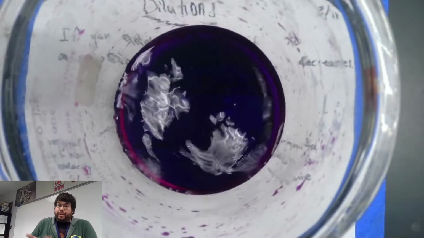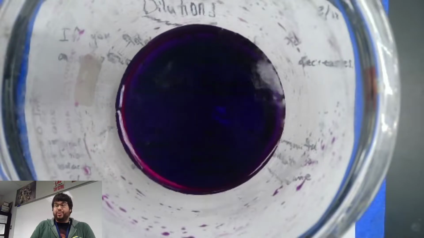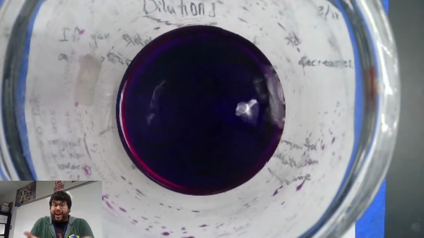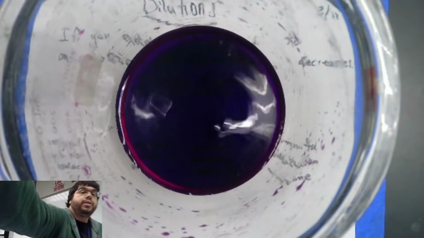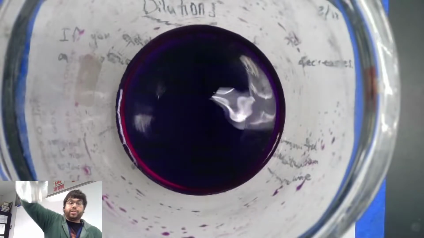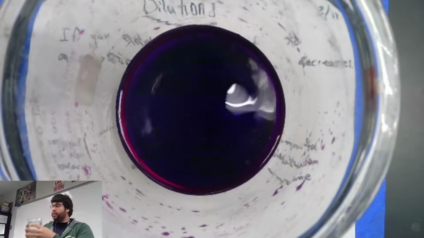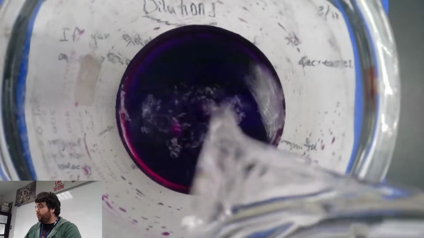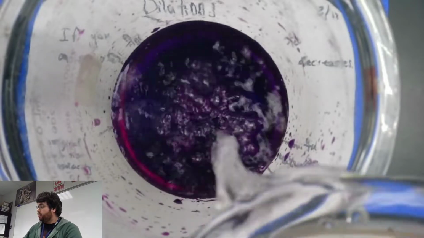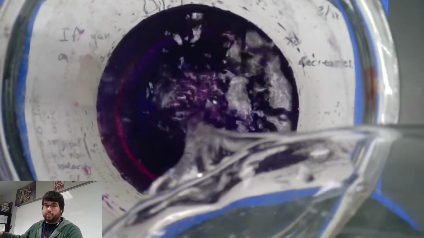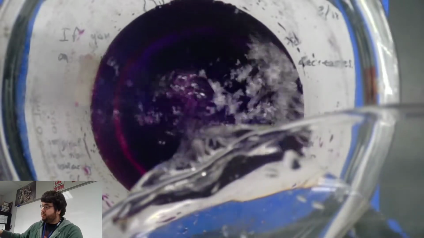So how do you make a solution diluted? Pretty straightforward too. You add just a bunch of water to it. Grab a bunch of water here and add water. You can see that my solution is starting to lighten up.